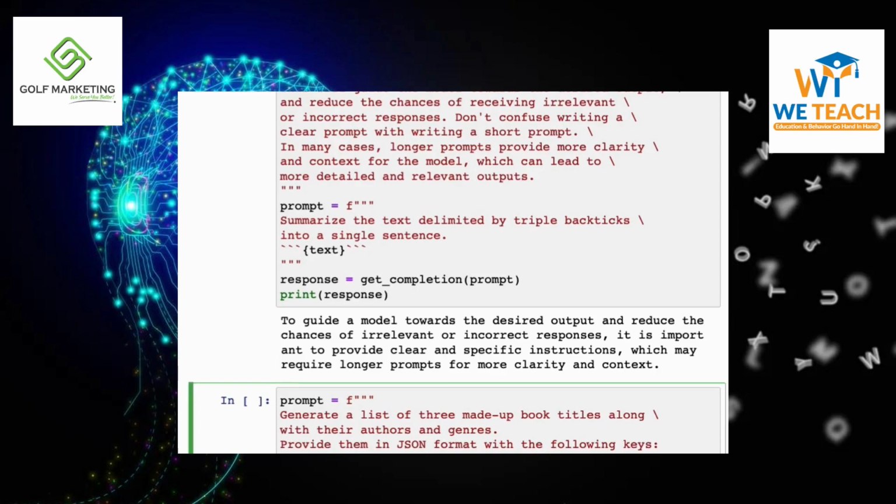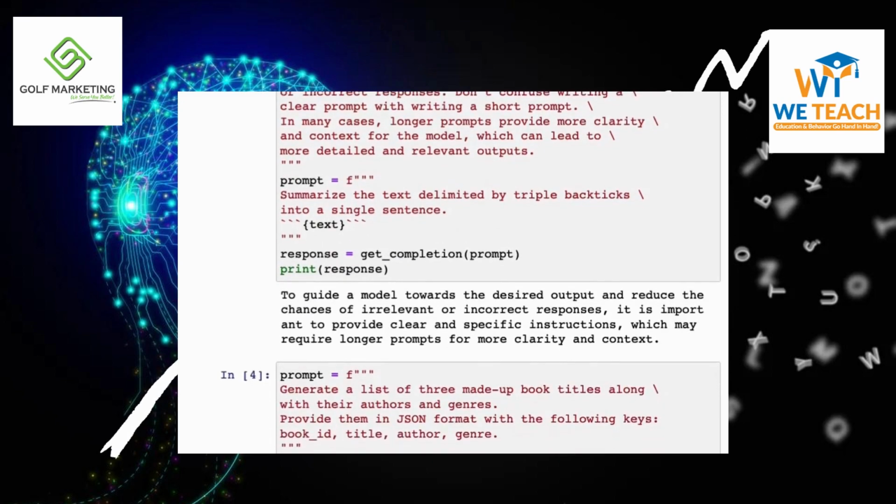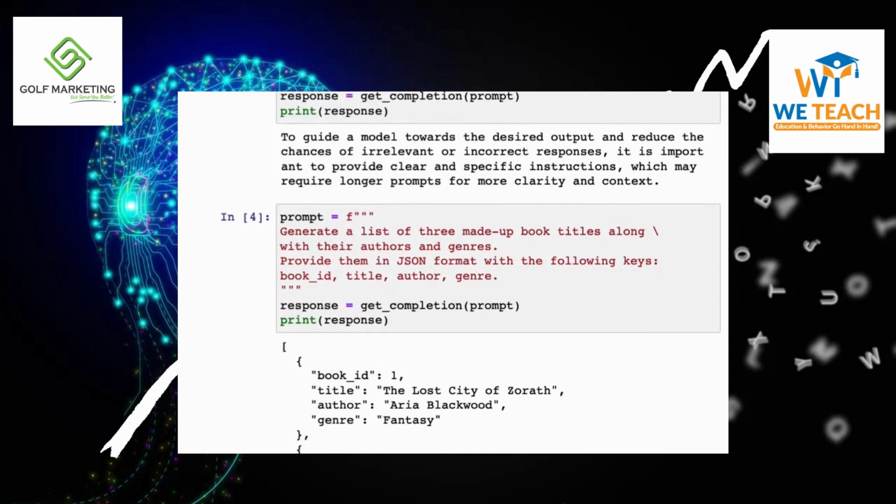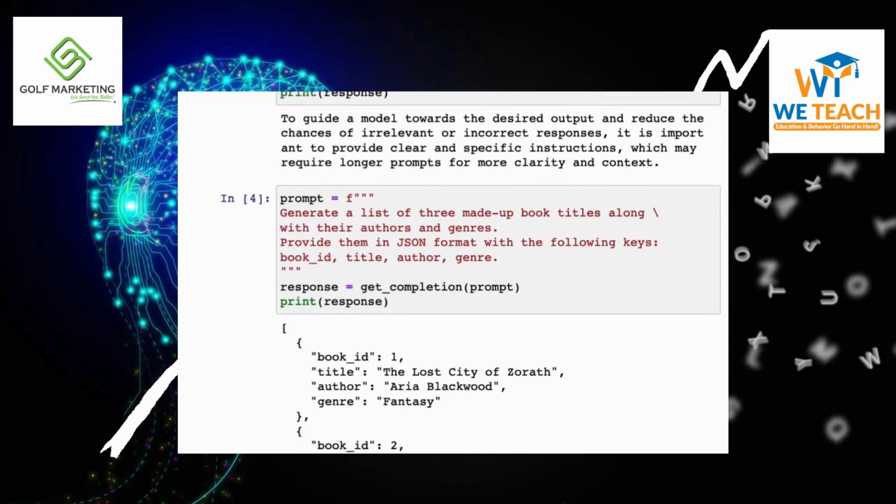Provide them in JSON format with the following keys: book ID, title, author, and genre. As you can see, we have 3 fictitious book titles formatted in this nice JSON structured output. And the thing that's nice about this is you could actually just, in Python, read this into a dictionary or into a list.